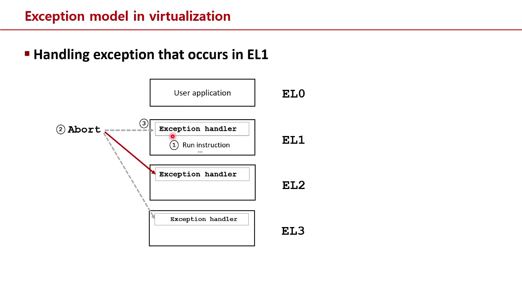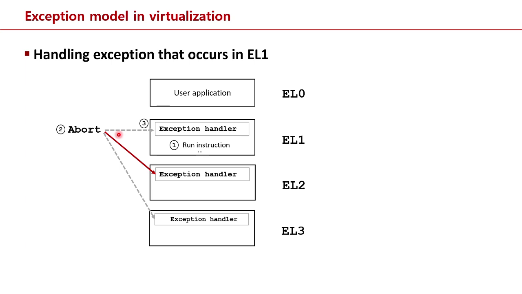So let's take a look at these operations step by step in more detail. As a first step, software is running a particular assembly instruction. Let's suppose that the exception occurs because the ARM core cannot execute that specific assembly instruction.